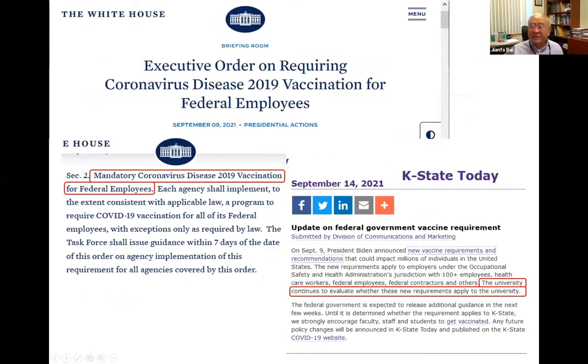Everybody probably knows the president has an executive order requiring all federal employees to get vaccinated. For K-State, we are still evaluating the situation to see if we should adopt the regulation as well, but we have not so far. The key thing here is really to get vaccinated.